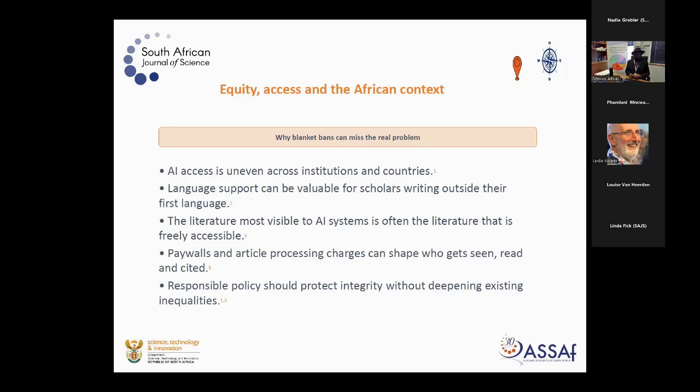That means it can be very useful for language editing. And the literature most visible to AI, again, is the one that is freely available. This is again by Wingfield and Wingfield, who said that AI is only accessible to open access articles.